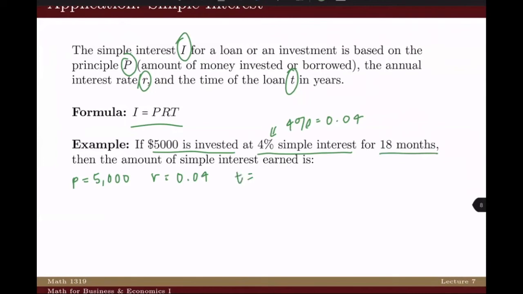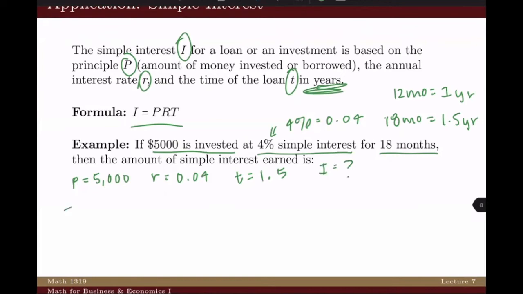18 months is my time. Now, what's wonky is 18 months is in months and not in years, and we want years. So we know that 12 months is 1 year. So that means 18 months is 1.5 years, right? So 1 year and 6 months. So my time is actually 1.5. And I'm looking for interest, right?